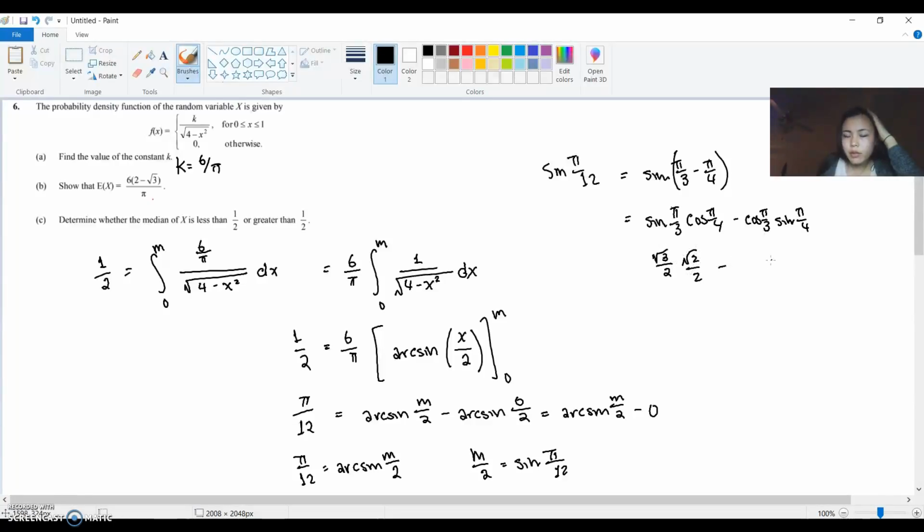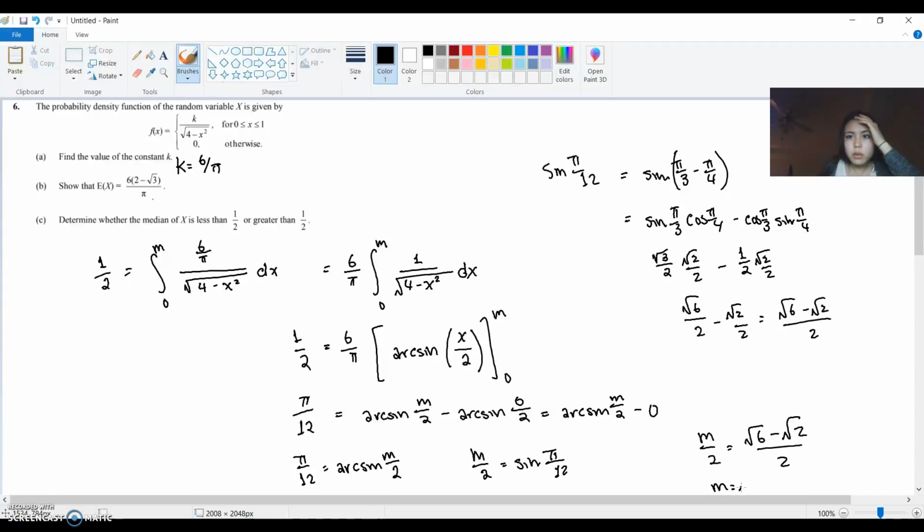Minus cosine pi over 3 is 1 over 2. Sine pi over 4 is root 2 over 2. So we have here root 6 over 4 minus root 2 over 4, which gives root 6 minus root 2 over 4. That's sine of pi over 12. So m over 2 equals root 6 minus root 2 over 4.